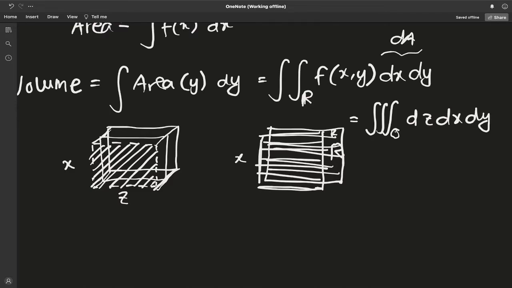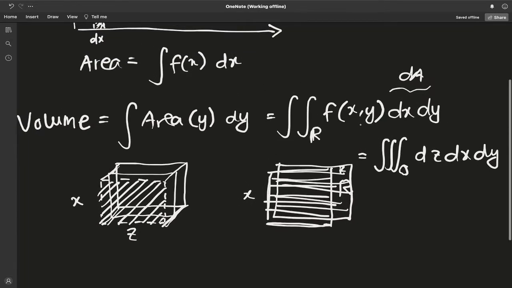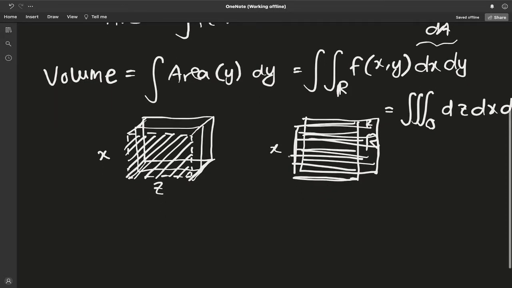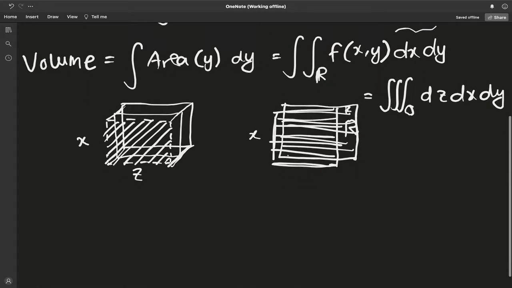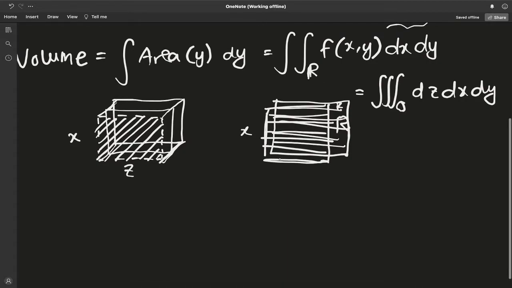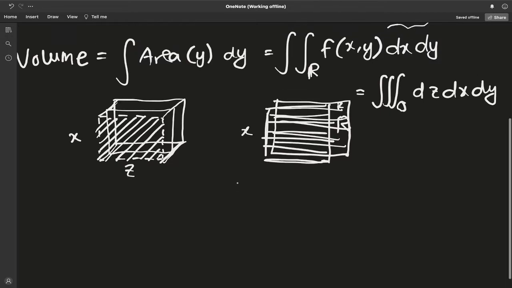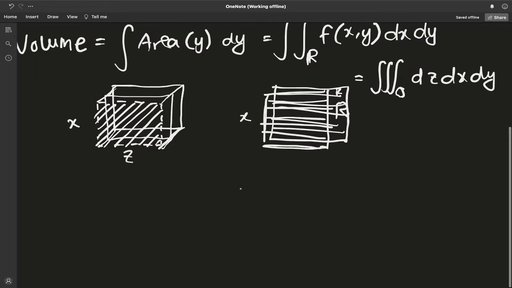I mean, what you can do from going from the second equality to the third is you can have your bounds go from, say, 0 to f of xy for the z part. The way that looks like is sort of like you already have like this like 3D region.